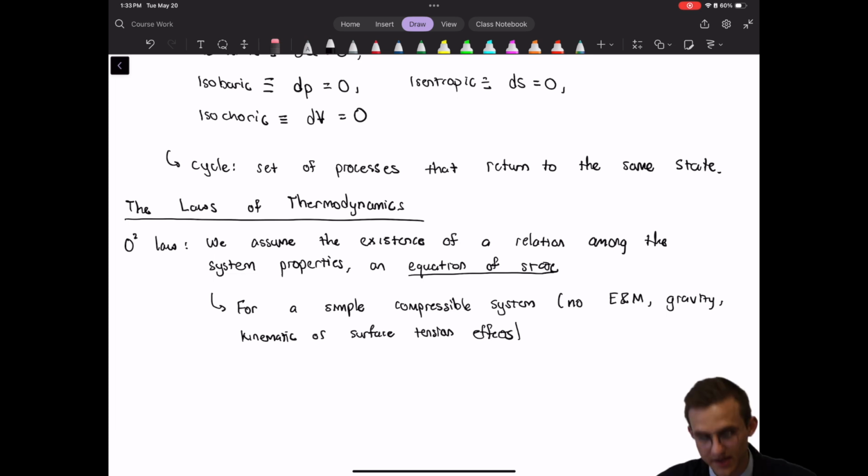Essentially, this is like an ensemble of particles in a sealed box. Just particles bouncing around.